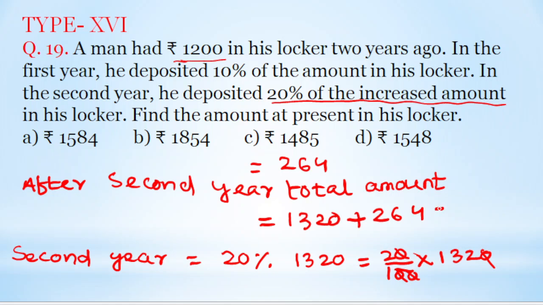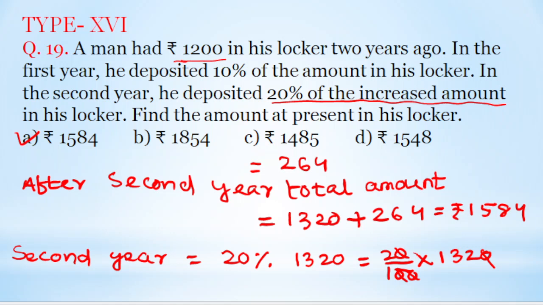So after adding it is 1584 rupees total amount. That means your option A is the right answer.